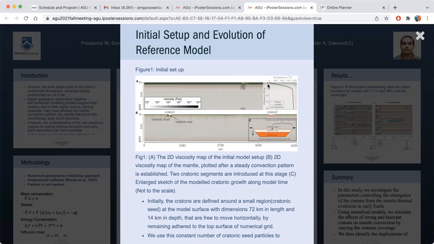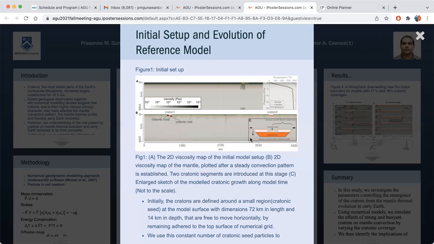After stable cells are formed, we introduce two cratonic segments to the model. That's what we are looking at in figure B here in figure 1. These cratonic segments contain cratonic seed, cratonic crust, and cratonic roots.